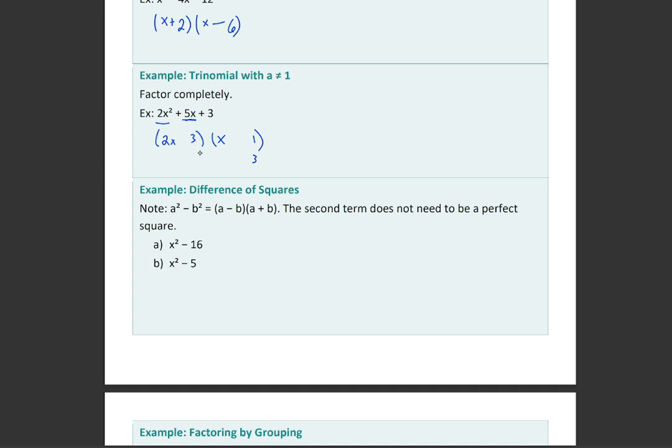Well, if I look at my outer and my inner here, basically what makes up that middle term when we FOIL things out, I would have a 3 times an x here and a 2 times x here, and that would be 3x plus 2x, which does give us a 5x, which is great.